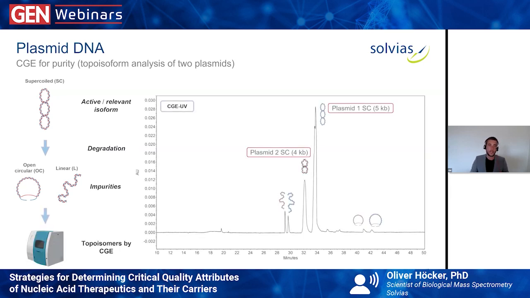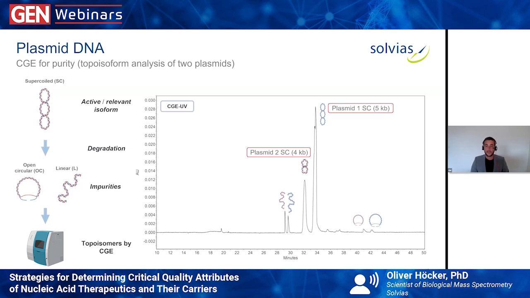And again, capillary gel electrophoresis is the most powerful technique here because it separates by size and by different shapes. This example shows 2 different plasmids, one 4 kilobase, one 5 kilobase, and the 2 large peaks in the middle show the separation of these 2 different plasmids in one sample.